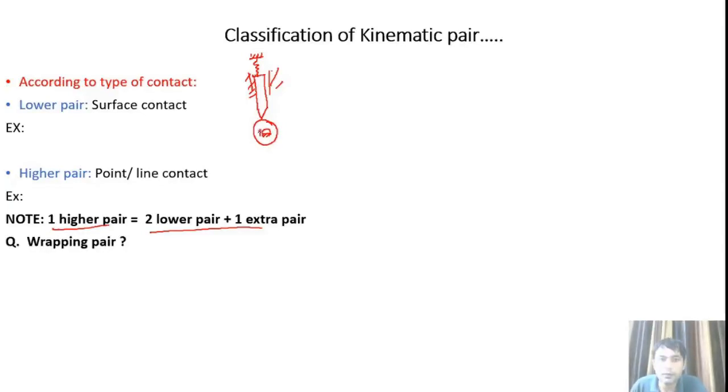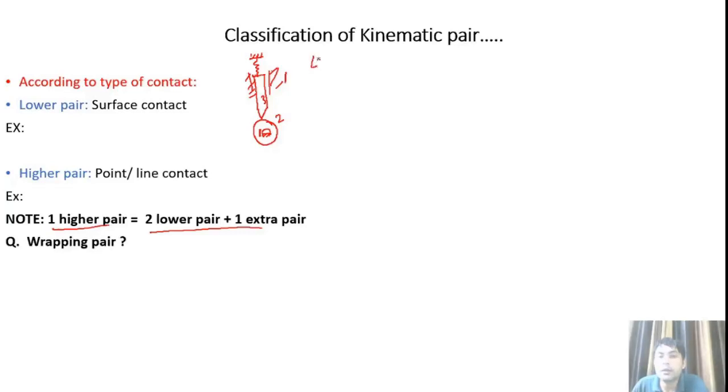Link 1 is the fixed link. All fixed links are given one symbol number because there is no relative motion between them, so there is only one single numbering. Link 1 is fixed, then 2, then 3. Now between link 1 and 2 there is a turning pair, and a turning pair is a lower pair.